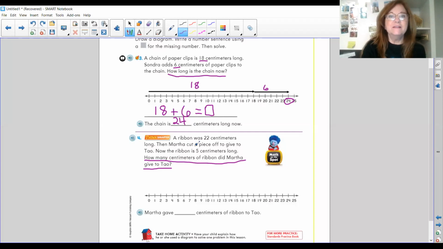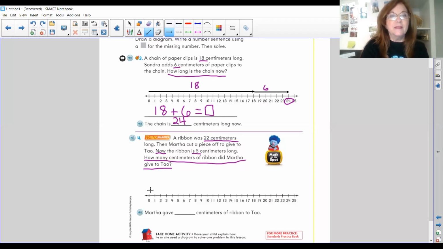Okay, so let's see if we can solve our problem just like Professor Berger and Jeannie did. So we want to use the information that there was a ribbon that was 22 centimeters long, and now the ribbon is 5 centimeters long. So we want to go ahead and start, we'll get our lines made.